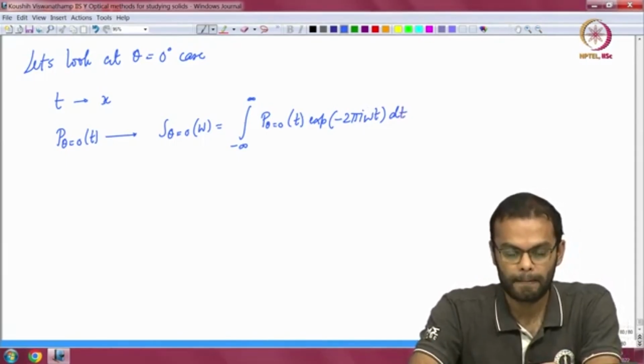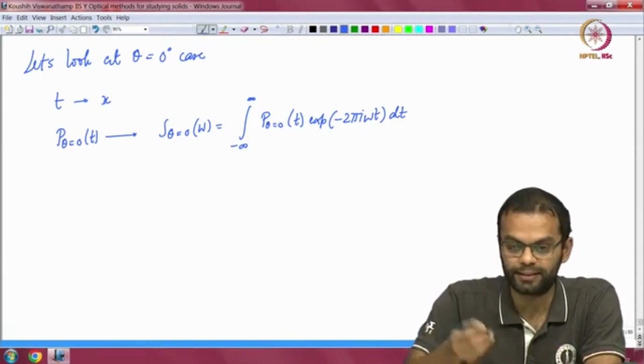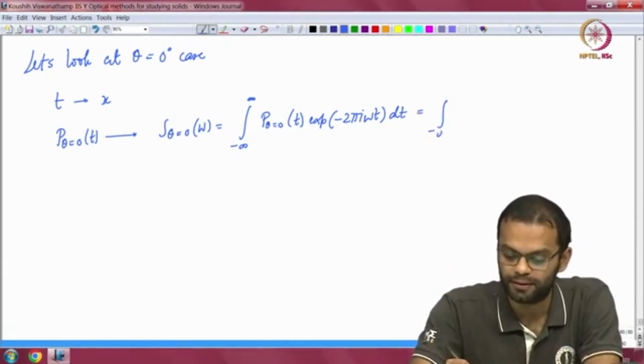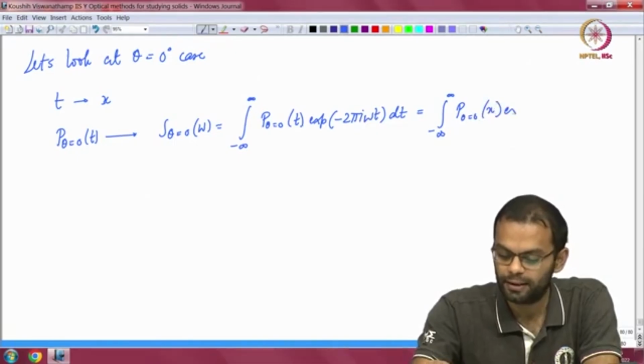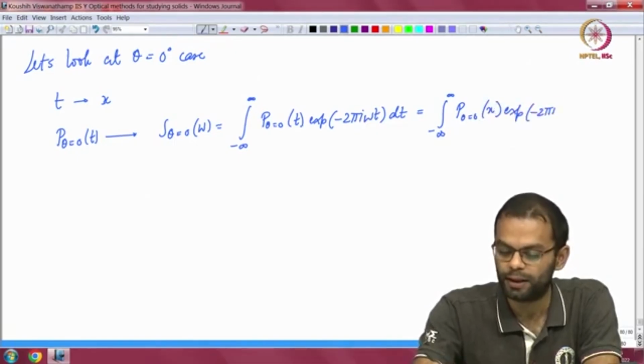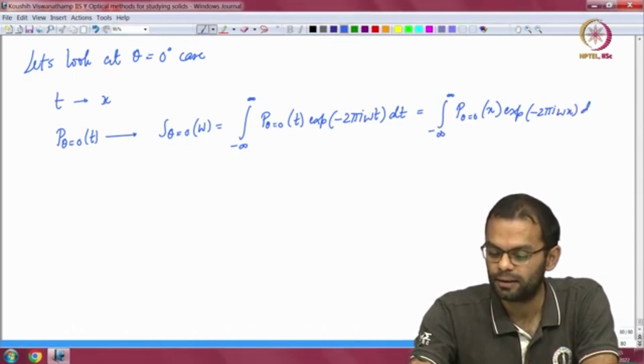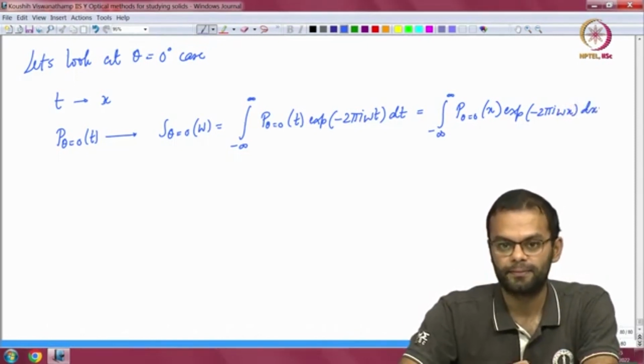Okay. So, now t is the same as x, right. So, we will just write this as minus infinity to plus infinity p theta equal to 0 of x exponential minus 2 pi i w x dx. Okay.